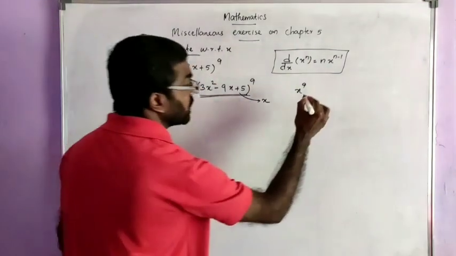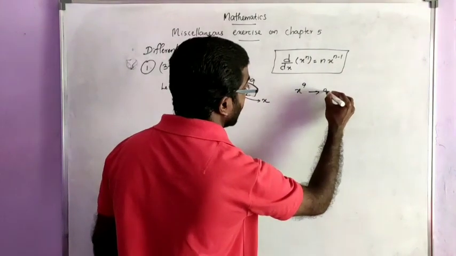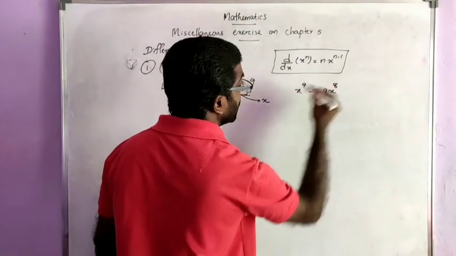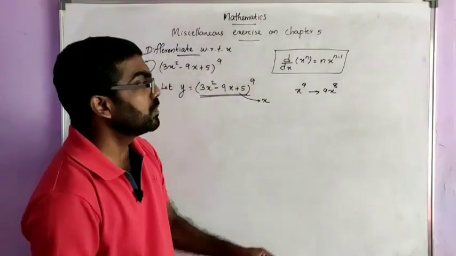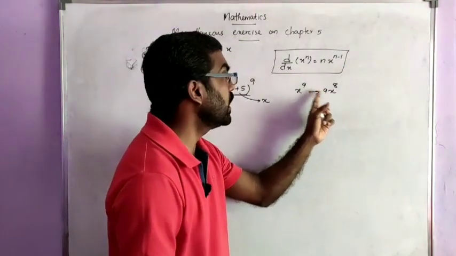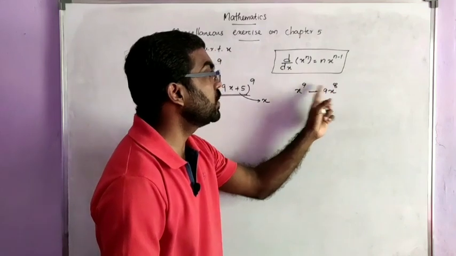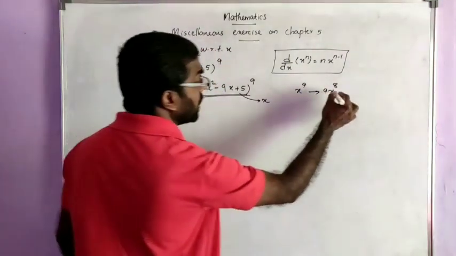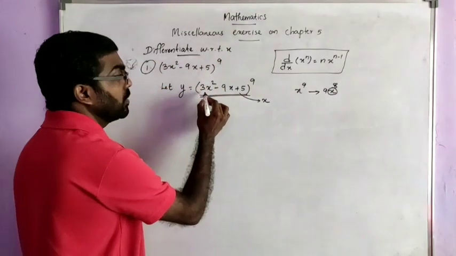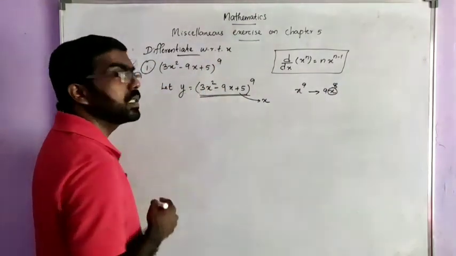And the derivative of x⁹ is what? 9x⁸. n xⁿ⁻¹. Okay, we have to write the exponent first, that is 9. Then x raised to 9 minus 1. 9 minus 1 is what? 8. But instead of x, here the term is 3x² − 9x + 5.